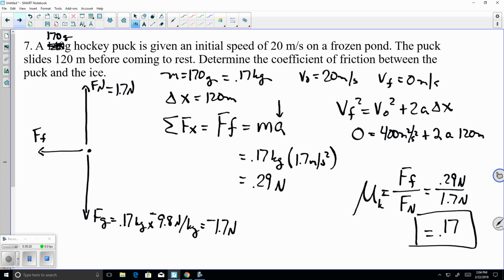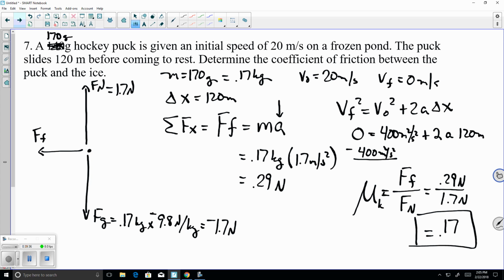And so when I simplify that a bit, I subtract 400 meters squared per second squared from both sides.